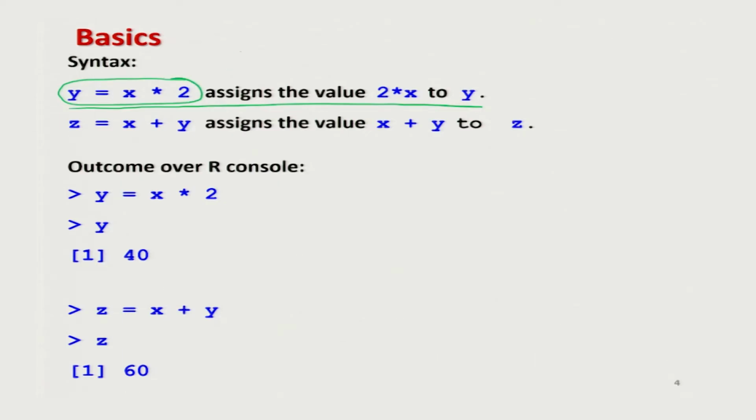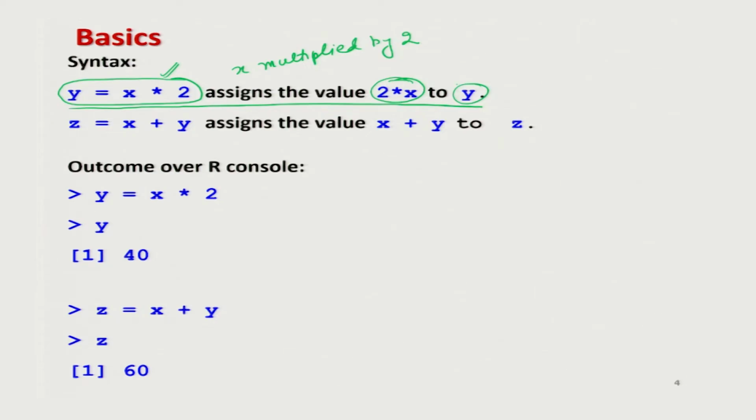And suppose I make a mistake, suppose I write 3 and want to correct it, I can use this pen and write 2 once again. If you observe these types of actions while I explain, you can understand what I am trying to do. So y equal to x star 2 has to be typed in the R software, and the interpretation is that 2 into x is the value assigned to the variable y.